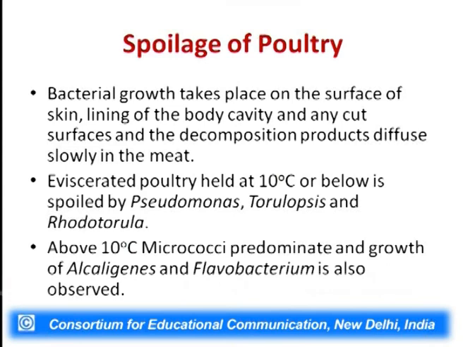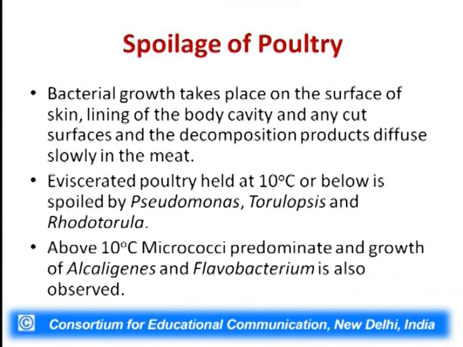Eviscerated poultry held at 10 degrees centigrade or below is spoiled by Pseudomonas, Torulopsis and Rhodotorula. Above 10 degrees centigrade, micrococci are known to predominate and growth of Alcaligenes and Flavobacterium is also observed.